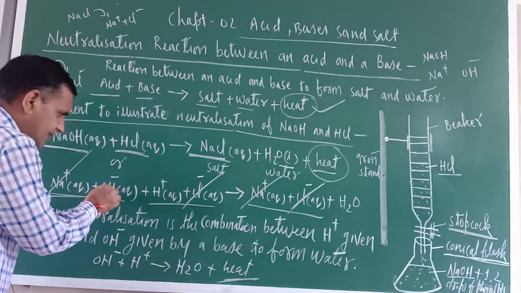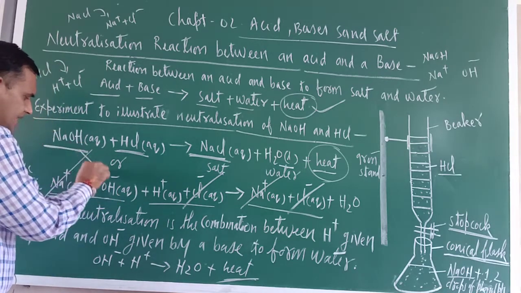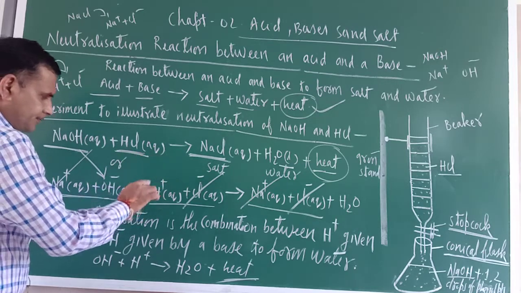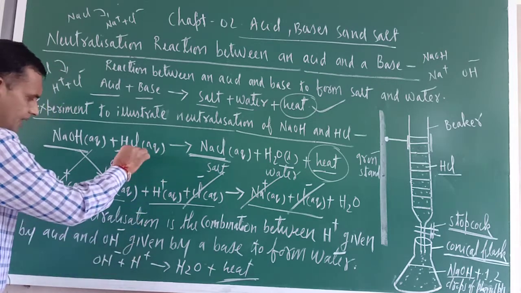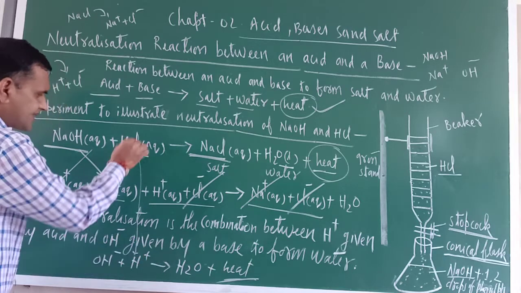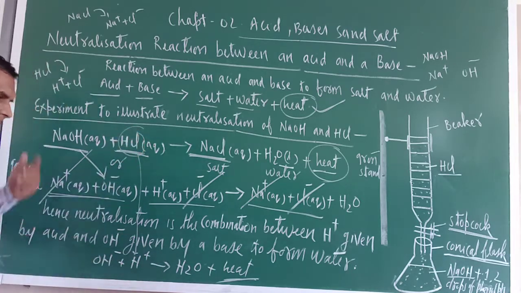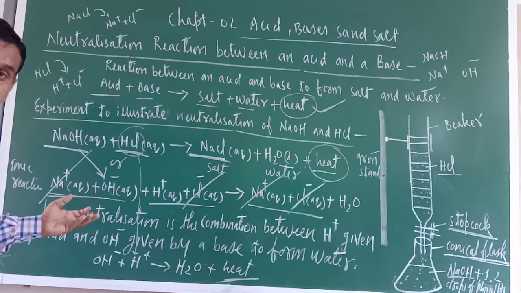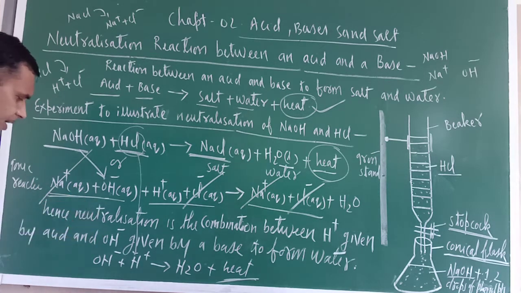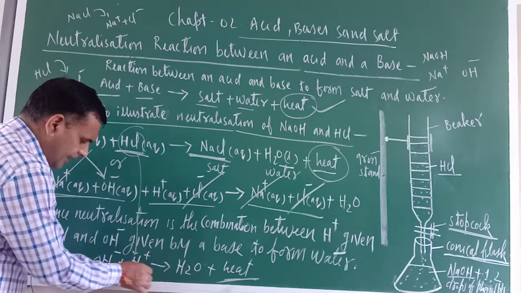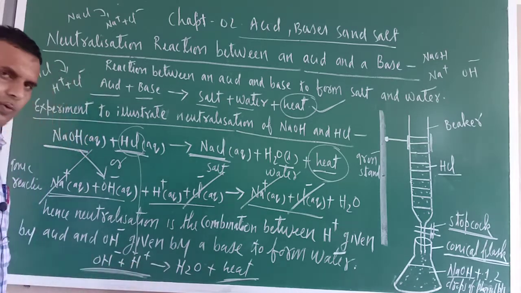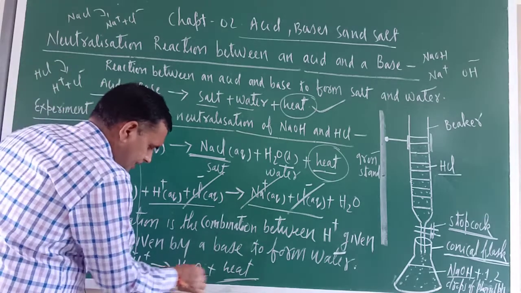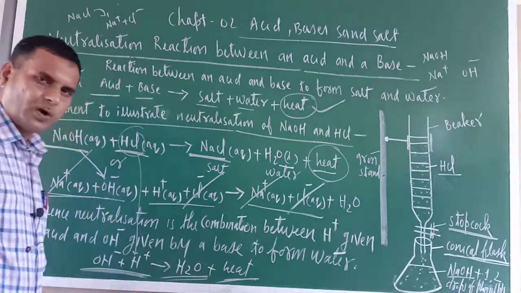Now the OH ion that is left has come from the base, and the H positive has come from HCl, the acid. So ultimately during neutralization, nothing else is happening, only OH negative and H positive are getting combined and water is formed.